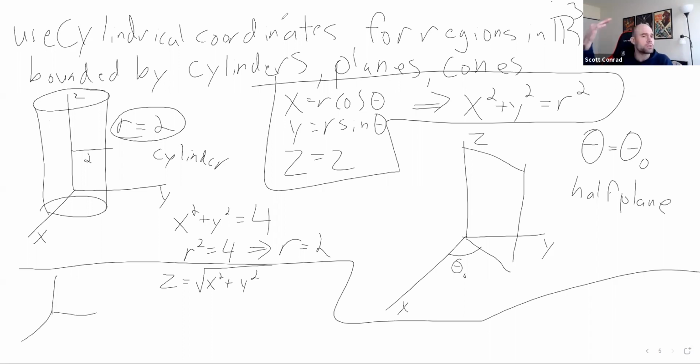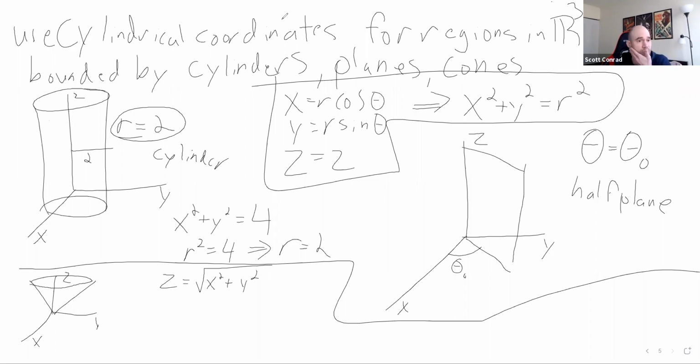So if we had z squared equals x squared plus y squared, that would be a full cone. It would include the top half and the bottom half. If we take the square root of both sides, positive square root x squared plus y squared is the top half, negative is the bottom half. So usually we're just taking half at a time. So the top half is going to be a cone, a half cone.